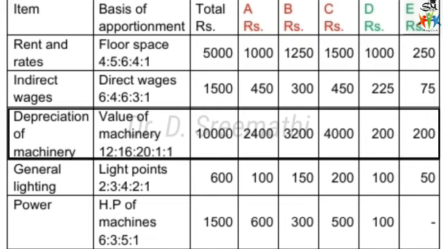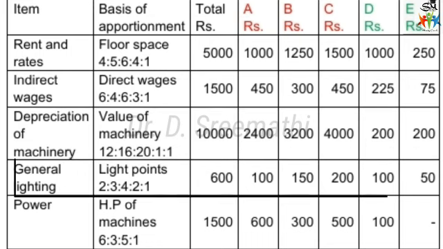The next one is depreciation on machinery. The depreciation of machinery should be distributed among the departments in the ratio of the value of machinery. Value of machinery is 2,50,000 total, so it is divided in the ratio 12:16:20:1:1, and then you can easily divide the amount of 10,000 among the departments in this ratio.